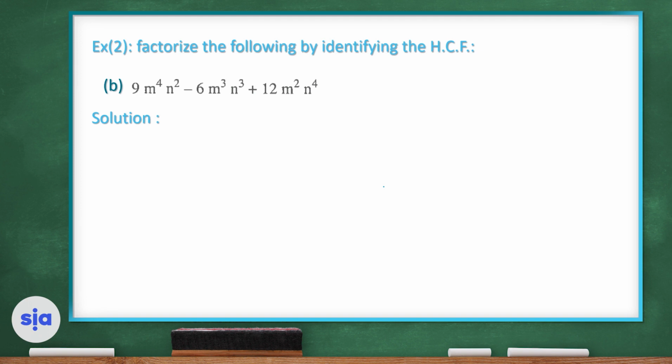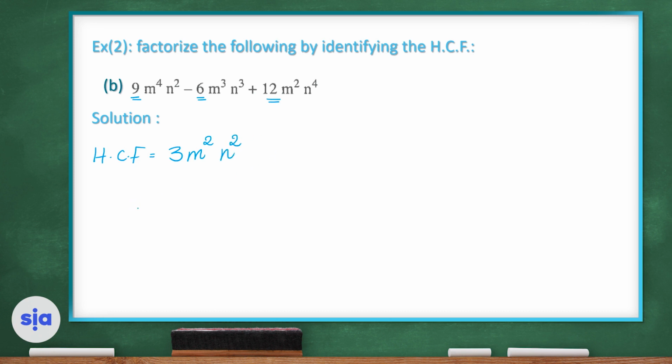Exercise number 2. Factorize the following by identifying the HCF. First of all, to get the HCF, we find the HCF of the coefficients, which is very obvious, it will be 3. The m, we take it with the lowest power, so it's m power 2. The n, we take it with the lowest power, so it's n power 2.